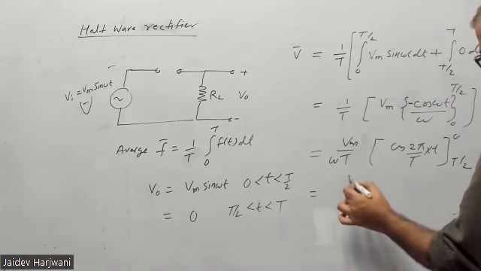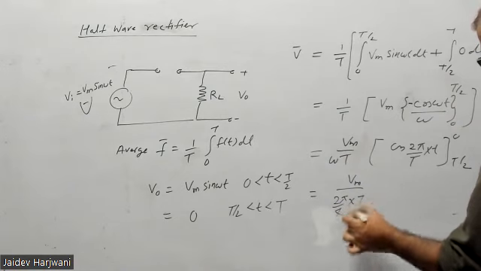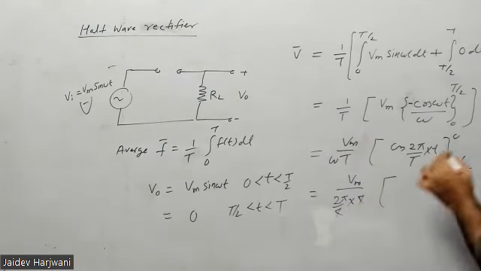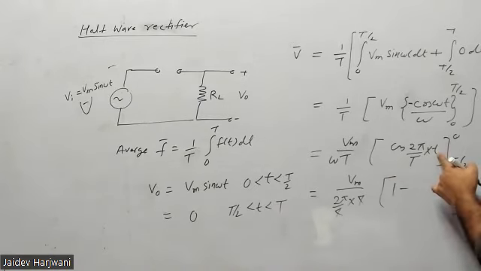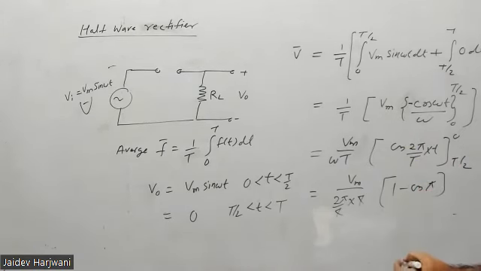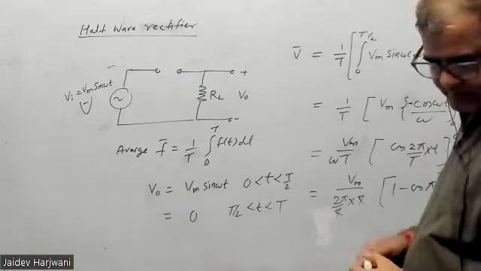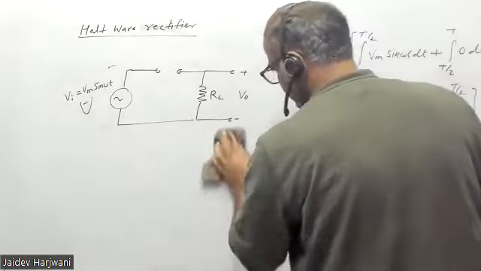So this is Vm over 2 pi by T, T cancels out. If you put 0 here, this becomes 1. If you put T by 2 here, it becomes pi, cos pi. Cos pi is how much? Minus 1. So minus minus becomes plus.